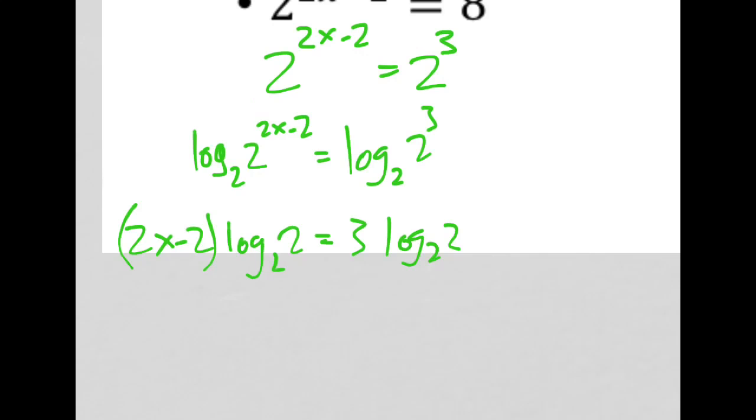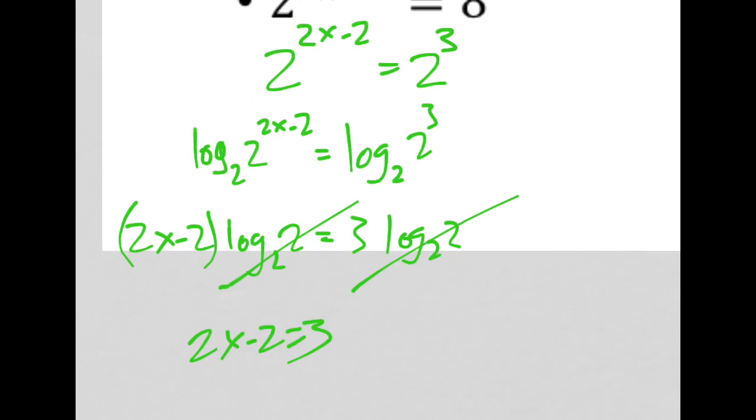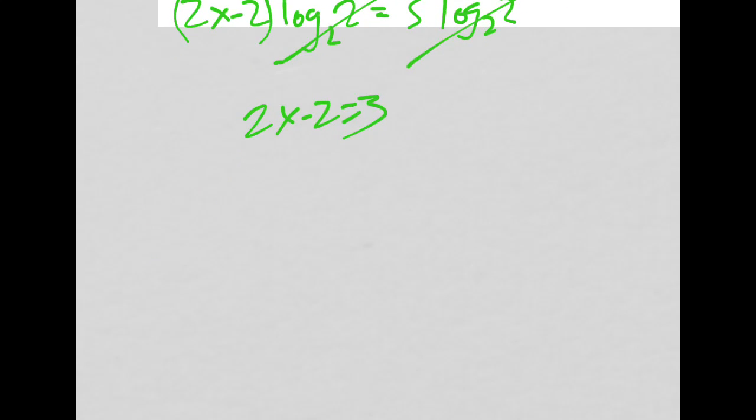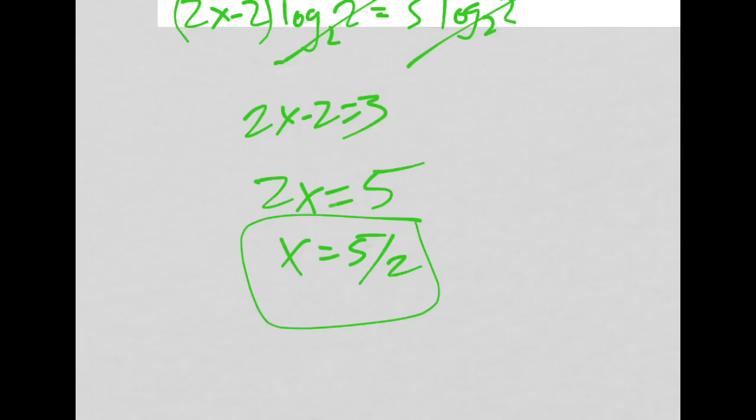And notice we could then say, hey, those are gone. 2x minus 2 equals 3. And also I recognize log base 2 of 2 is 1, so them being there doesn't make a difference. But this would work with a log of any base, actually, so that's kind of cool. But we get 2x minus 2 equals 3, and so 2x then must equal 5, and so x has to equal 5 halves.